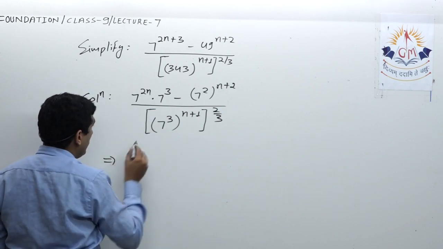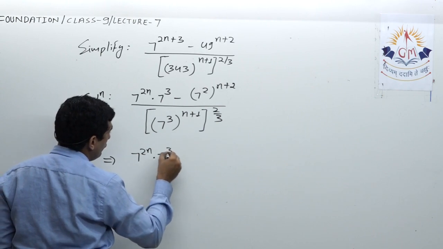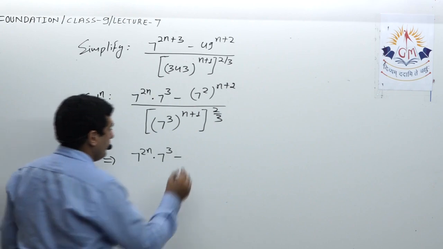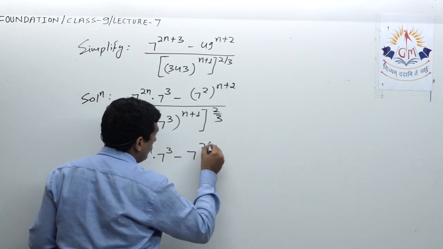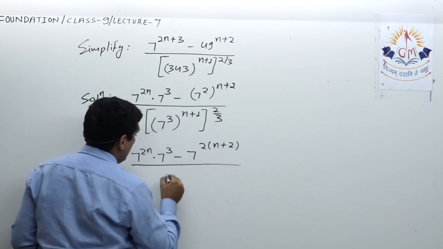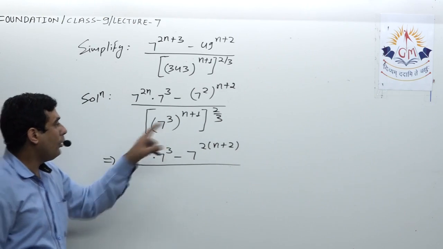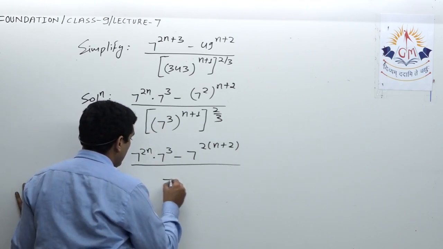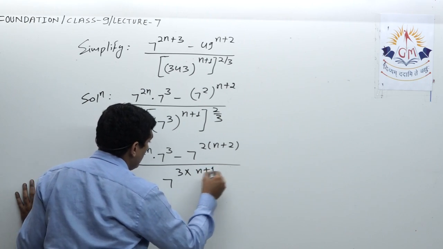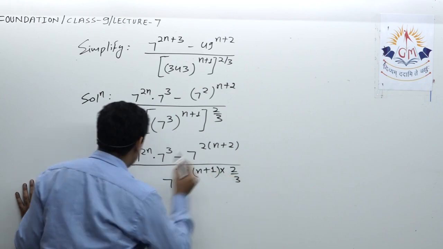So now over here it is 7 raised to 2n into 7 cube, minus, now I can apply the power law, so this will become 7 raised to 2n plus 2 raised to... again the power law, the generalized form, all powers I will multiply, that is 7 raised to 3 into n plus 1 multiplied by 2 by 3.